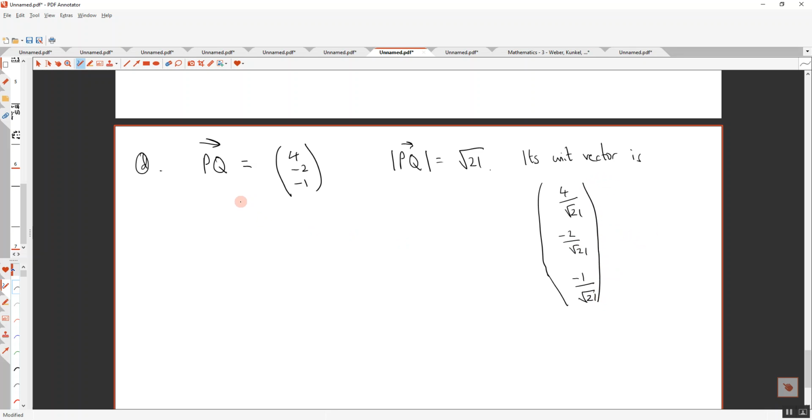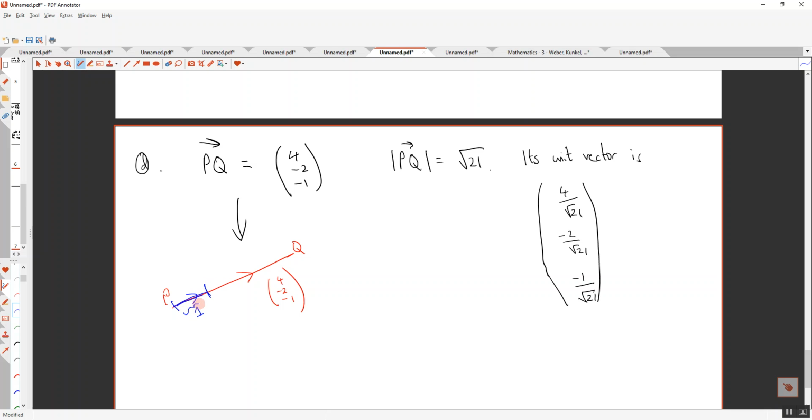Okay, so imagine this vector here. If I do a crude diagram, it's going to be P to Q. It's like that. But our unit vector of P to Q is exactly the same, except it's only unit 1. So that would be the unit vector.